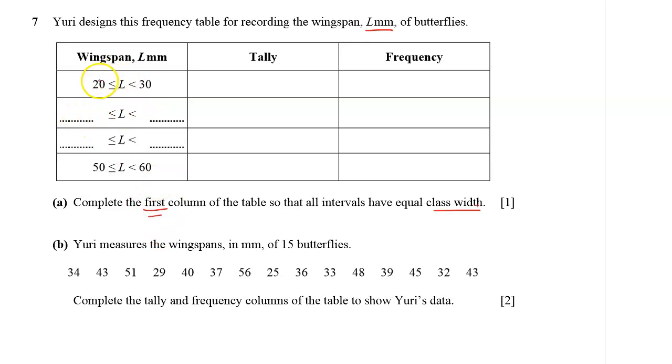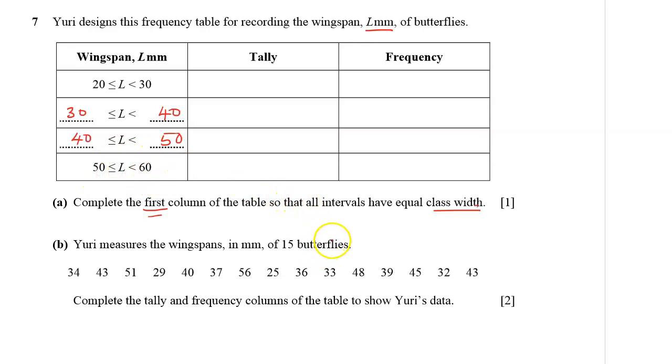The first column you'll have equal class width. The class width from 20 to 30 is 10, so this will also be 30 here, and then 40 right there. We'll have 40 to 50, then 50 to 60.